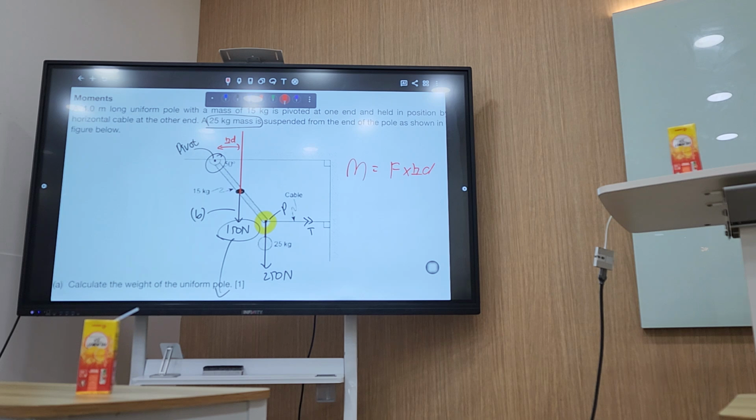You need to find the perpendicular distance from the tension to your pivot. Use the same way. Extend your line like this. Where's your cable? Your cable is acting from the highlighted part to the end, right? So extend that line all the way to the left. Then find your perpendicular distance. You know this one, then you know this one, right?